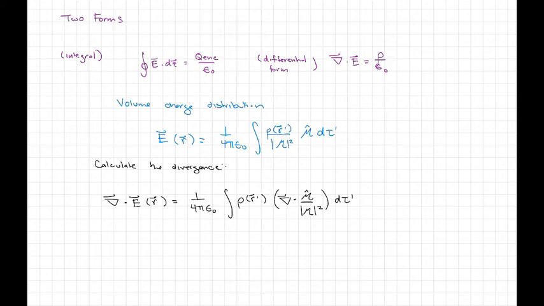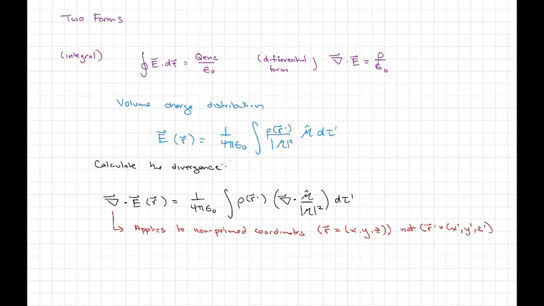Okay, so I want to write a little note here that our del operator applies to the non-primed coordinates, which is basically just the r ones, but not to our primed ones, because you're evaluating the divergence where you are measuring the field.